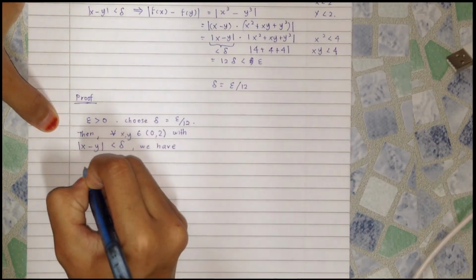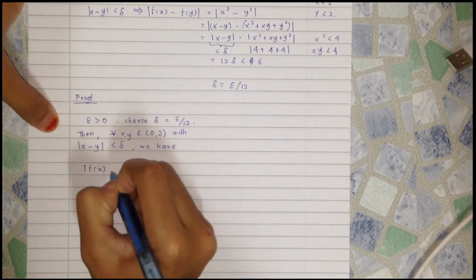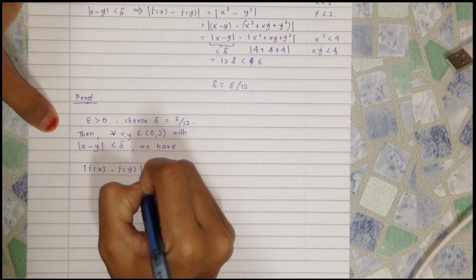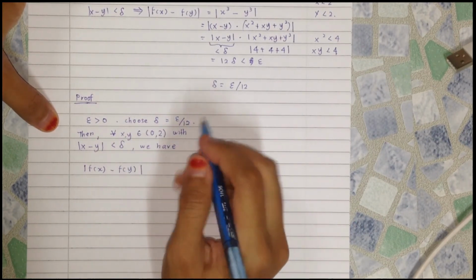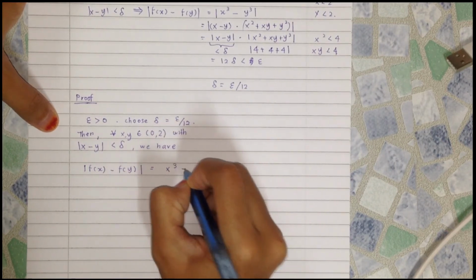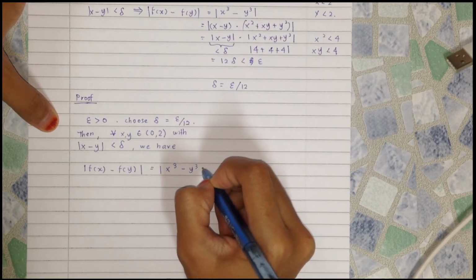f(x) minus f(y), and that's equal to x cubed minus y cubed.